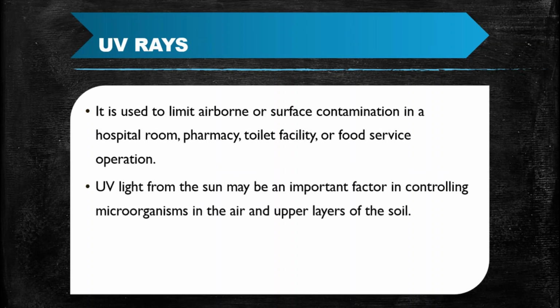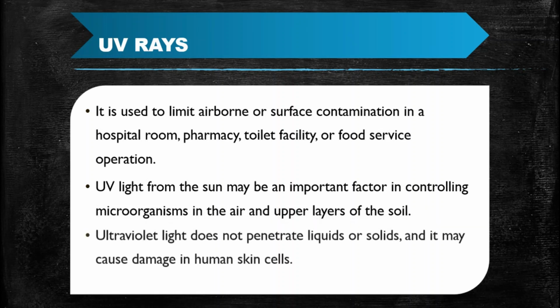UV light is also used in various laboratories as a germicidal lamp. Second, the UV light from the sun may be an important factor in controlling microorganisms in the air and upper layers of the soil. Sun rays also contain, to some extent, ultraviolet rays, and these rays help control organisms present in the air and the upper layer of the soil.